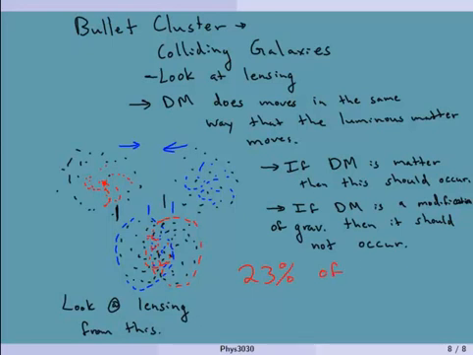of all the stuff in the universe is missing. Now, missing is a pretty anthropomorphic word in this case, right? Because it just means that we can't see it.